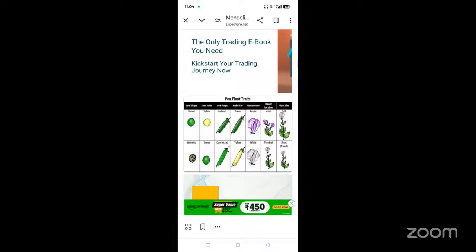Seed color is yellow and green. Next, pod shape, inflated and constricted. Next is pod color, green and yellow. Flower color, purple and white. Flower location, axial and terminal position. And plant size, tall and short. These are the seven characters that Mendel chose.